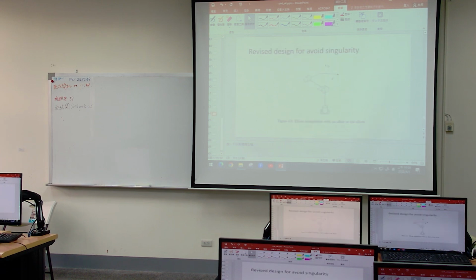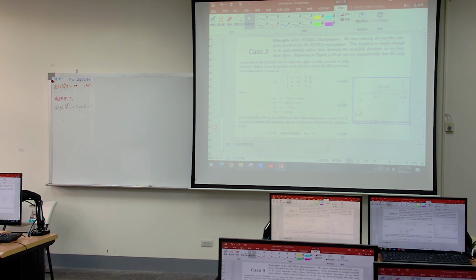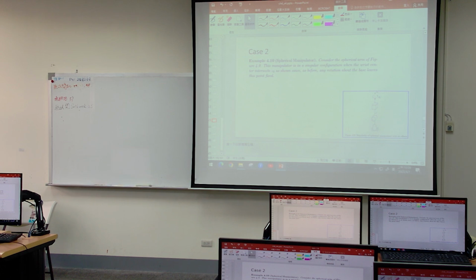That's what he tried to say, but I made it a more organized way. Why is this second 2? Oh, okay. I have one more, case 2. I just retreat from case 2. Case 2 is for when the wrist intersect is 0. In the previous case, same.